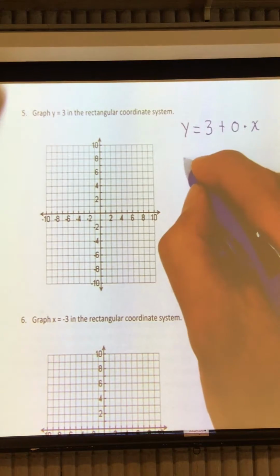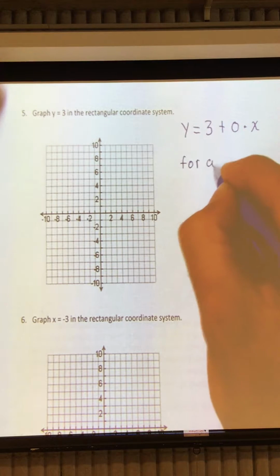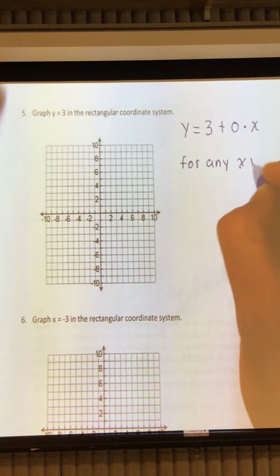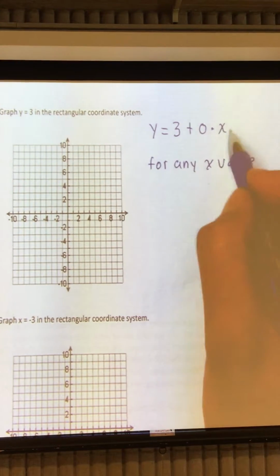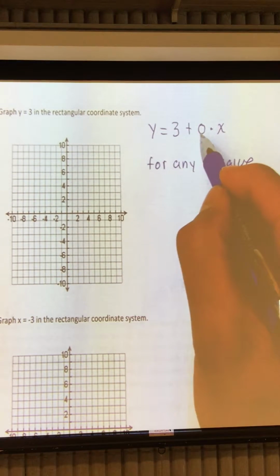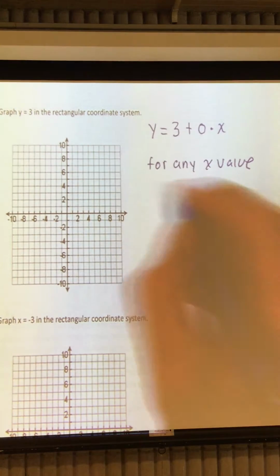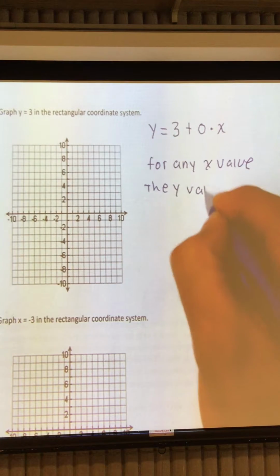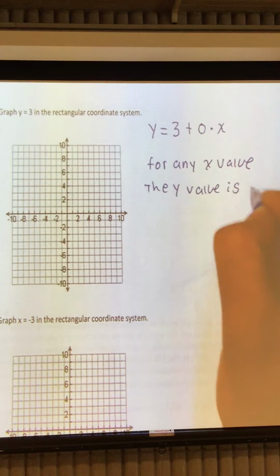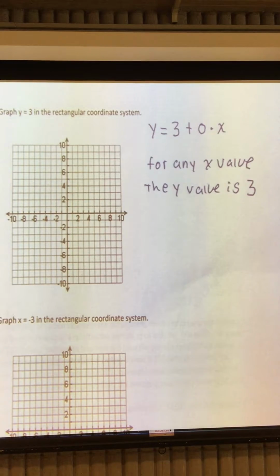And this way you can see that for any x value, to get the corresponding y value, we would multiply that value of x by 0, which would always be 0, and then add it to 3. So for any x value, the y value is always 3.